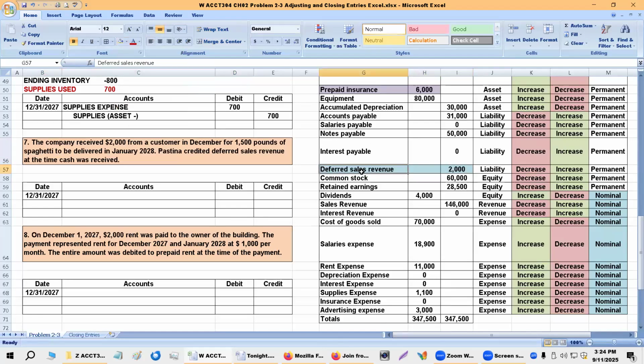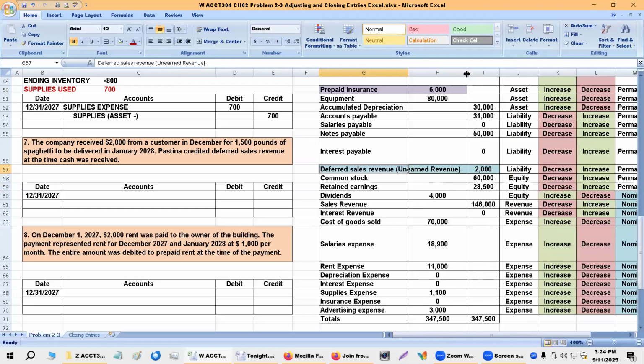Now, in your other class, they may have called this unearned revenue. Common name for it. So if you remember way back, unearned revenue is when someone gives you money ahead of time and you haven't done anything for them yet.